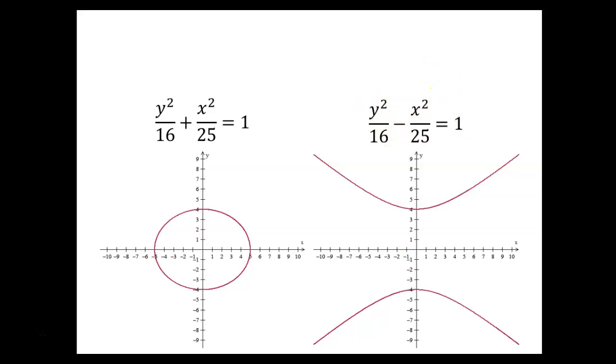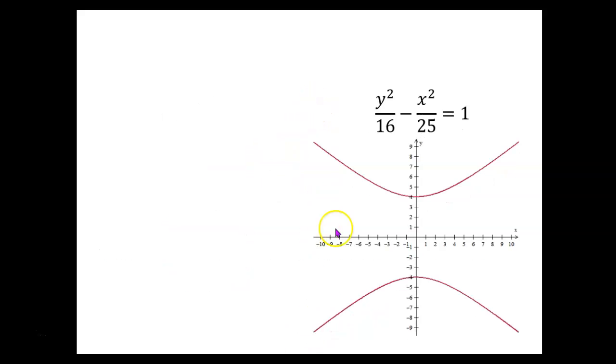So if I put the y part first here, y squared over 16 minus x squared over 25 equals 1, we get this kind of hyperbola. So instead of the branches going out to the sides, the branches go up and down like this.